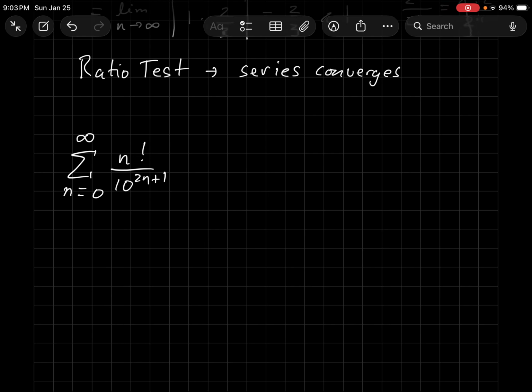There are a few clues that tell me that I need to do the ratio test to find whether or not a series converges. I look for a few things. Anytime I have a factorial, I think ratio test.